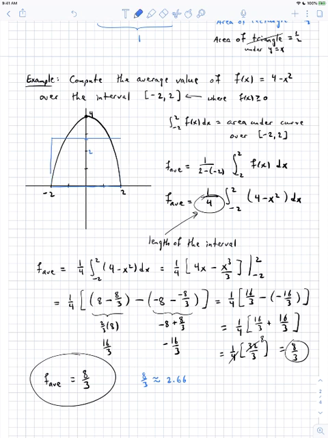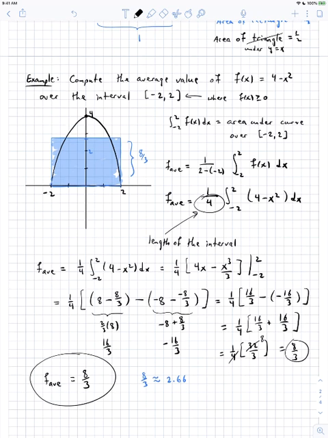Let's just make these a little bit straighter here, there, and there. Now the height of this is 8 over 3. So the area of this rectangle is the same as the area underneath the curve, like so. So that's the geometric interpretation.